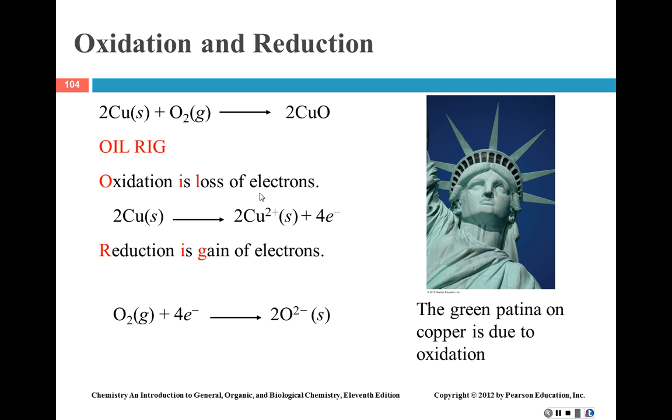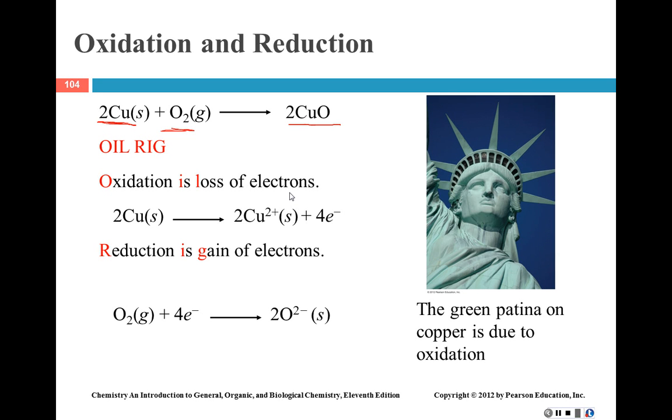So in the green patina I was talking about on copper, because it was bright and shiny at one time, and then as it weathers, it builds up this oxidation. And so what's happening is that you have copper metal, and when it is in contact with oxygen, it over time produces copper oxide on the surface of the metal.